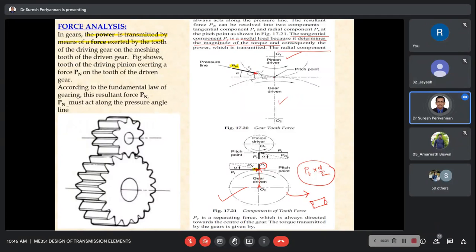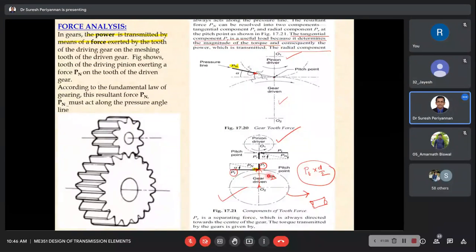This diagram shows the schematic force diagram with respect to the gear and the schematic force diagram with respect to the pinion. The top one is rotating in this direction, so the force PT is towards the rightward direction, and the radial force is in the downward direction.